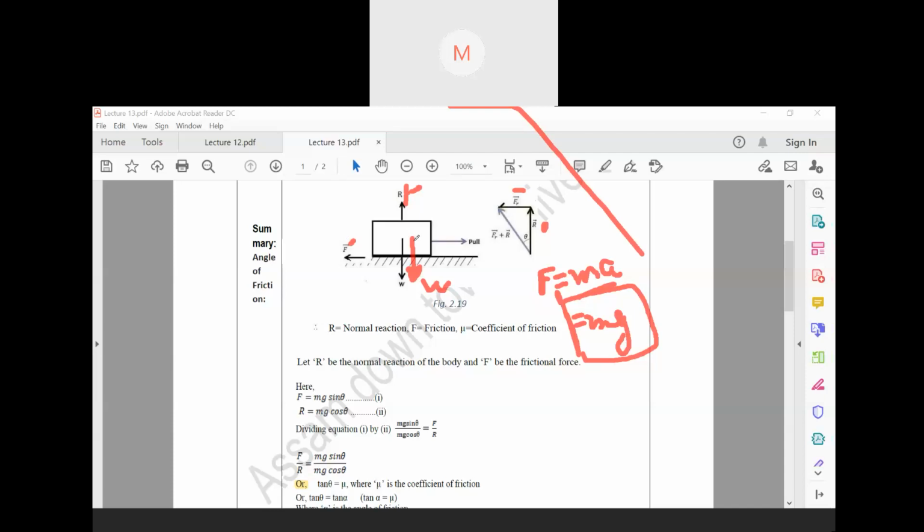Mass means the amount of matter present in the body. But weight is because of the acceleration of gravity. So gravity is acting here, and that is why we get mg. Okay?